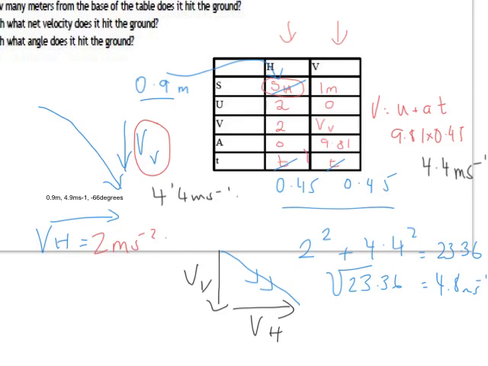The angle, we can use any combination from trigonometry. Tan might be the quickest, but it's pretty much up to you. If we have the vertical velocity over the horizontal, because it's opposite over adjacent, that would give us tan of the angle we want.